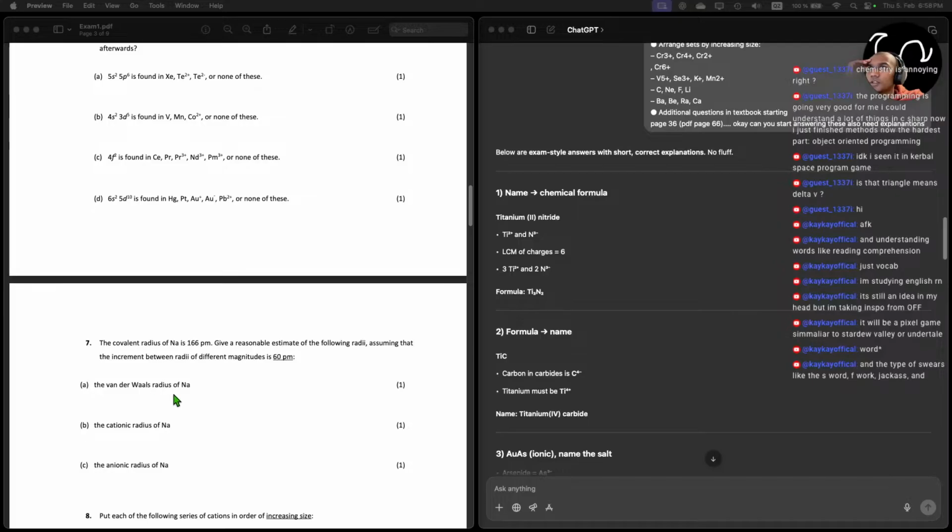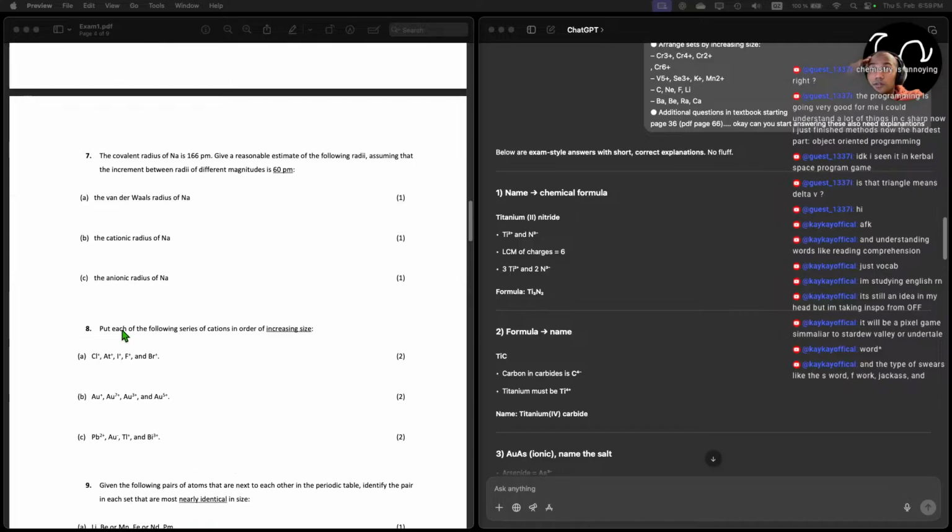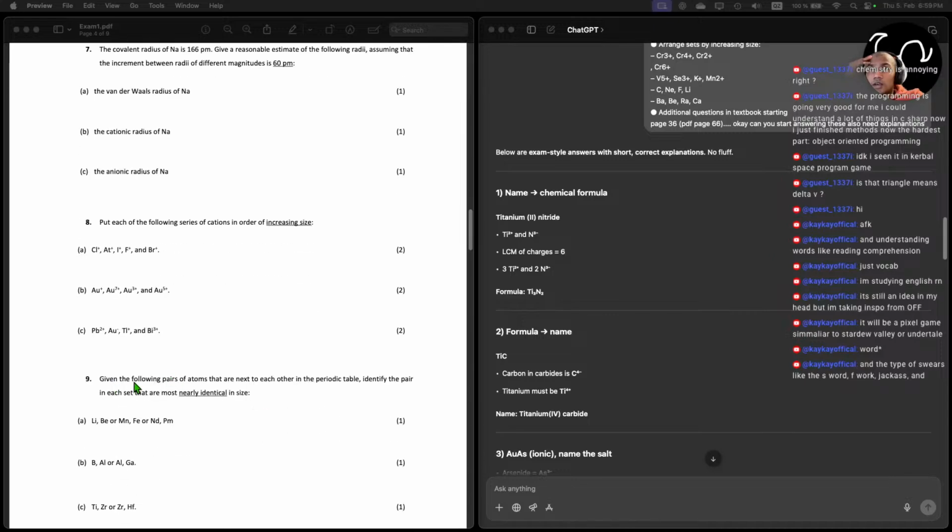The van der Waals radius of sodium, I don't know. Cationic radius of sodium, anionic radius of sodium. Put each of the following series of cations in order of increasing size. Given the following pairs of atoms that are next to each other in the periodic table, identify the pair in each set that are most nearly identical in size.